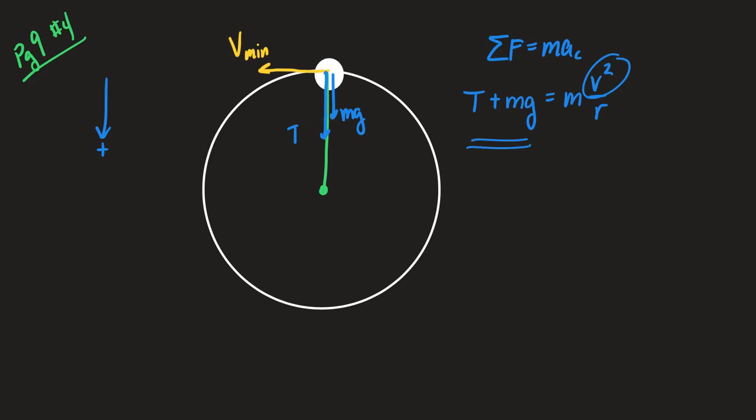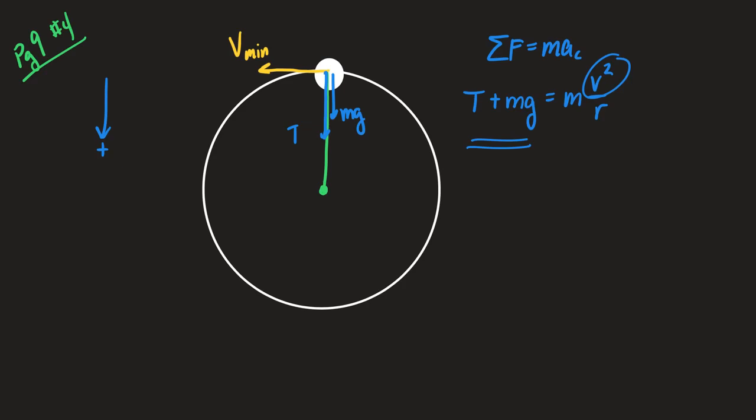So for it to make this turn, the minimum speed will be based on the smallest force that it can experience there. Well, the tension can pull as hard as I want, unless the string breaks. But the smallest force is as the tension goes to zero, because the weight of the object isn't changing as you spin it. The weight of the object is staying the same all the time.